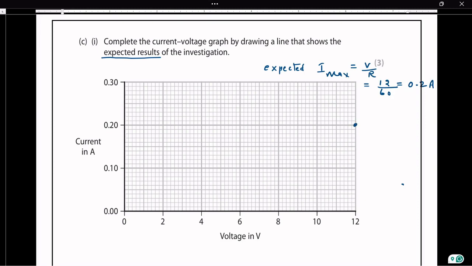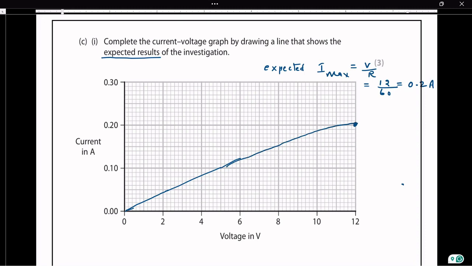Since it is a fixed resistor, we know that it is an ohmic component. The current and voltage are directly proportional. Therefore, it should be a straight line, and since it is directly proportional, it should pass through the origin also. So draw slowly with your ruler from 0, and join it to the point.